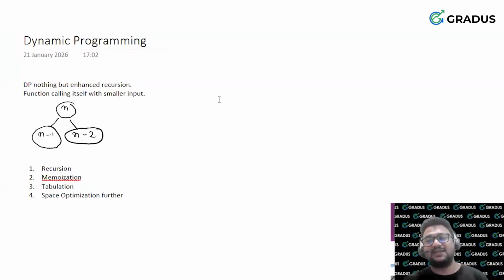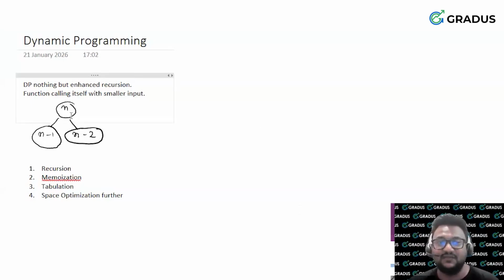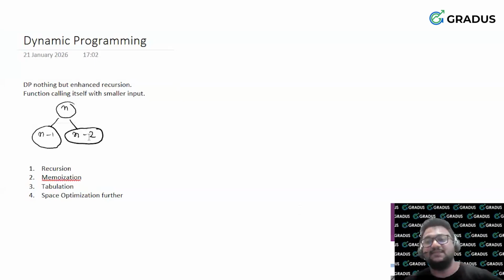Now, what is dynamic programming? It is nothing but enhanced recursion. And what is recursion? Recursion is a function calling itself with a smaller input. For example, let's say you had a function where n was given to you, and it depends on the n minus 1 result and the n minus 2 result. These kinds of problems where the function is dependent on itself with a smaller input, we call recursive functions.